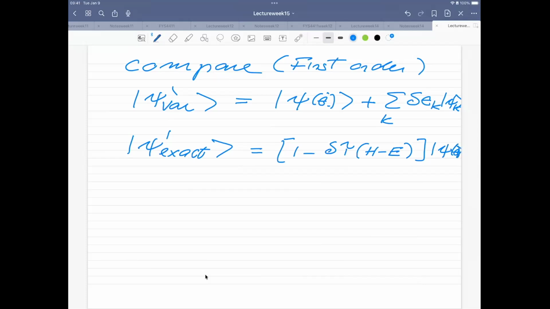So this is an approximation to the exact one. Then I'm going to define a difference, delta, which is going to be given by psi variational minus psi exact.